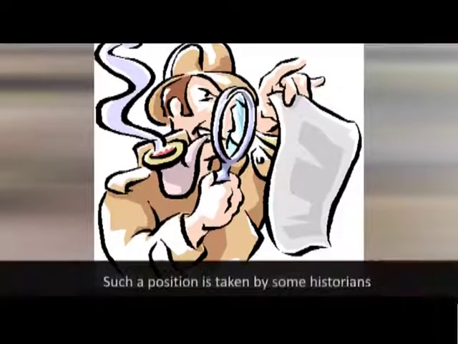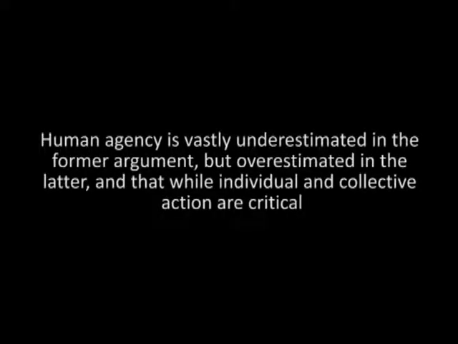Such a position is taken by some historians. We argue that human agency is vastly underestimated in the former argument, but overestimated in the latter, and that while individual and collective actions are critical, they operate only within sharply defined historical and structural constraints.